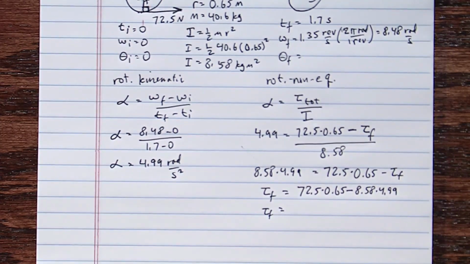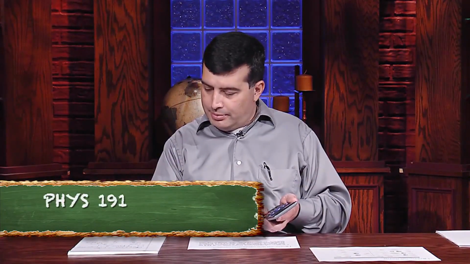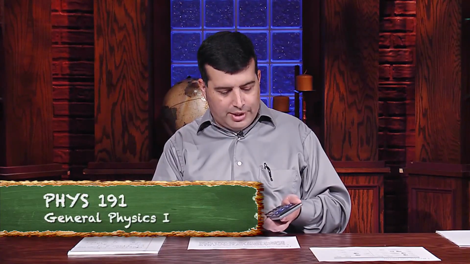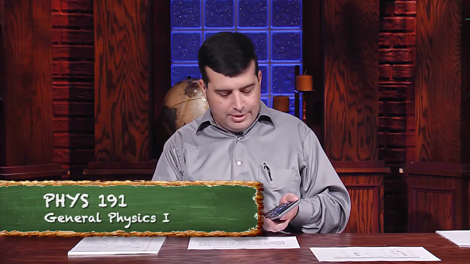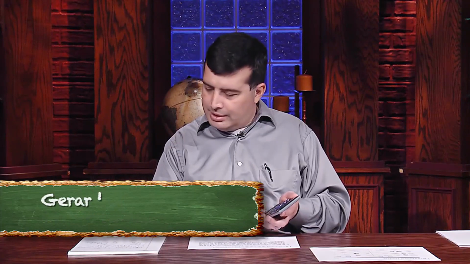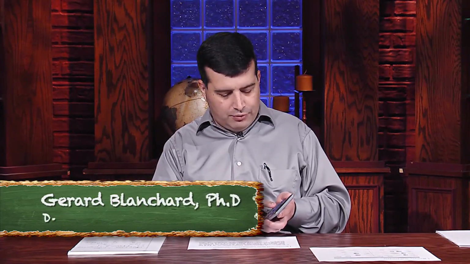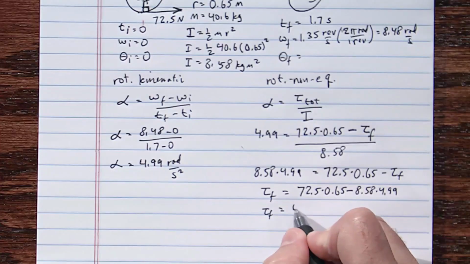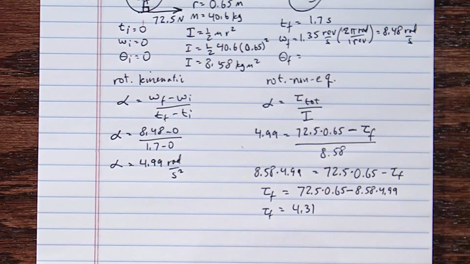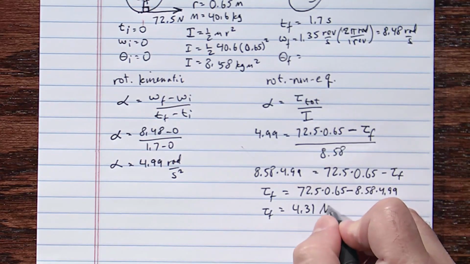which tells us that the frictional torque is equal to 72.5 times 0.65 minus 8.58 times 4.99, which gives us a frictional torque of 4.31 Newton meters.